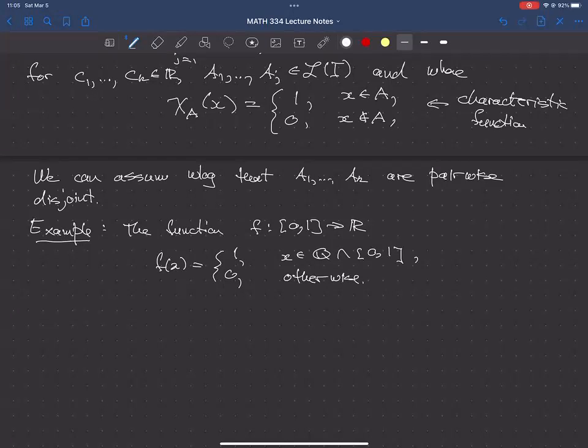And this is a simple function, just because it's 1 on that set, which is measurable, and 0 everywhere else. Okay, good.